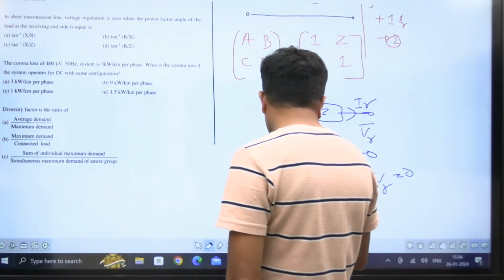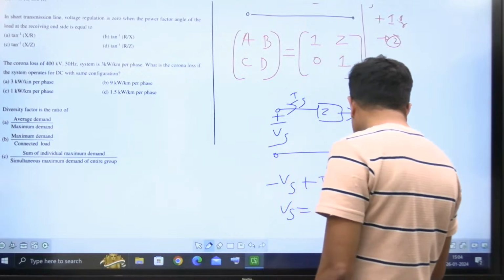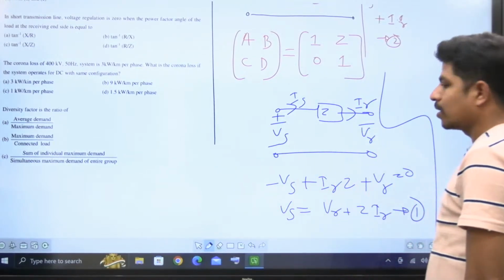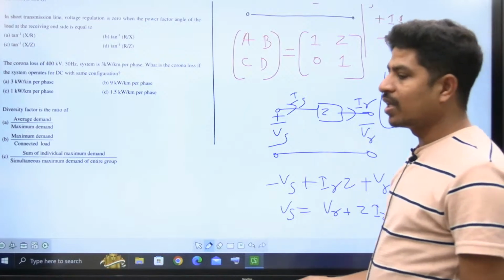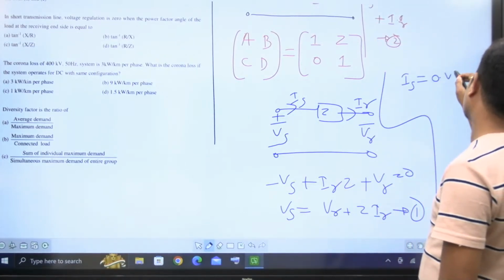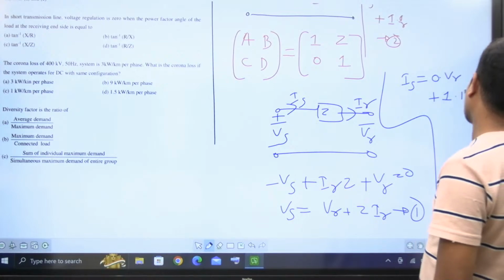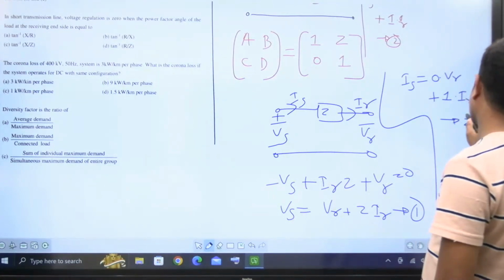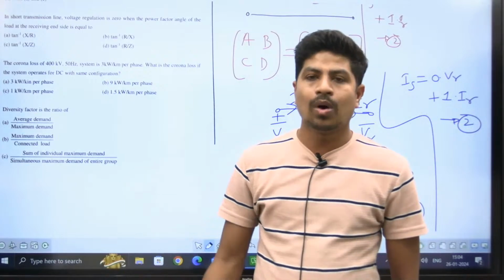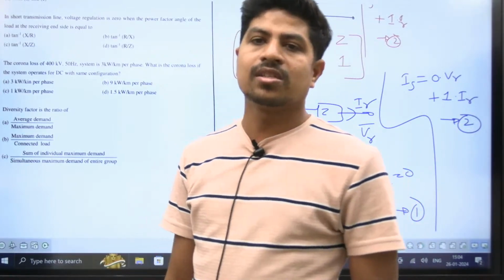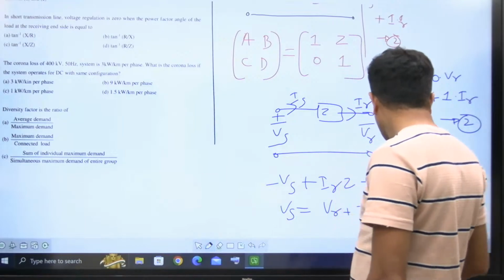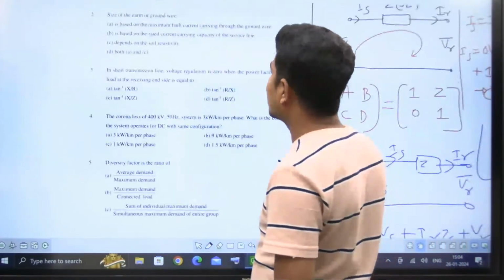Now Vs is equal to Vr plus Z into Ir, this is equation 1. I just wrote the KVL. Now Is is equal to Ir, that is 0 into Vr plus 1 into Ir. This is equation 2. Compare these two equations with the standard equations. From that, you are going to get A equal to 1, B equal to Z, C equal to 0, D also equal to 1. So that is our first question.